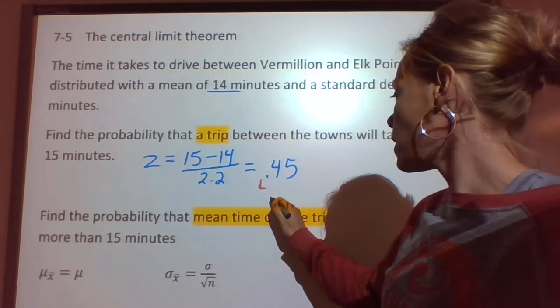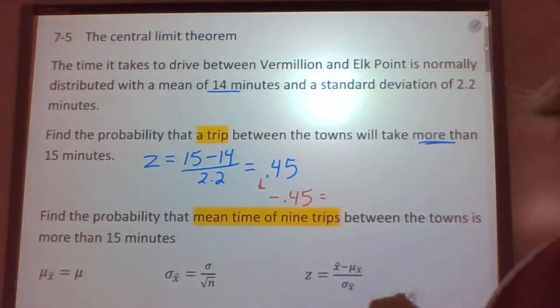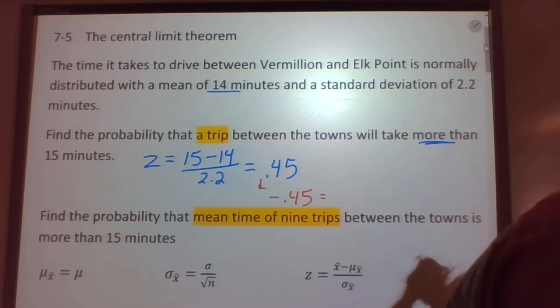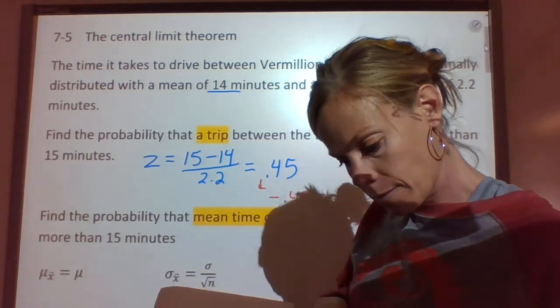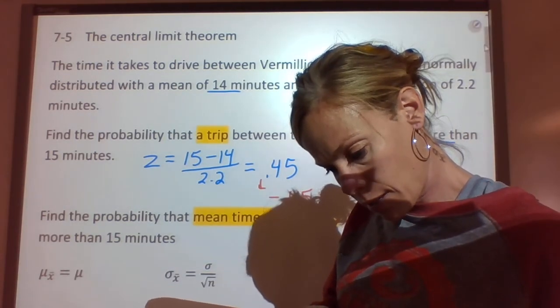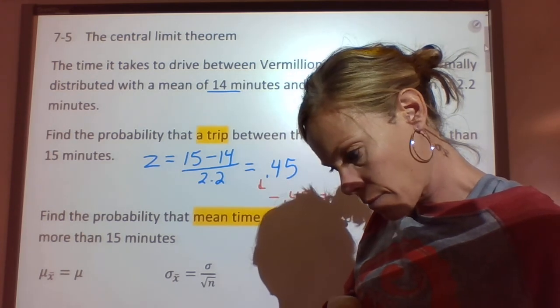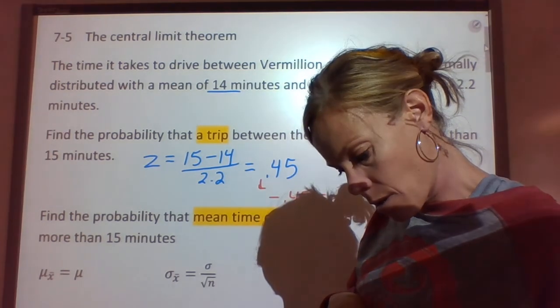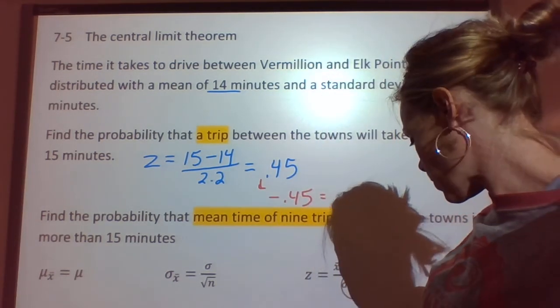We look up negative 0.45. So on page A16, we're looking up negative 0.45, and we get 32.64%.